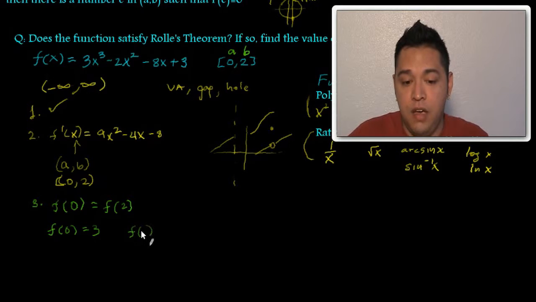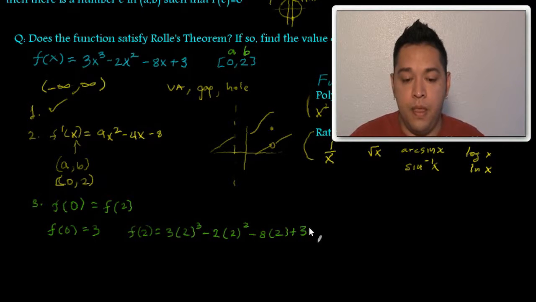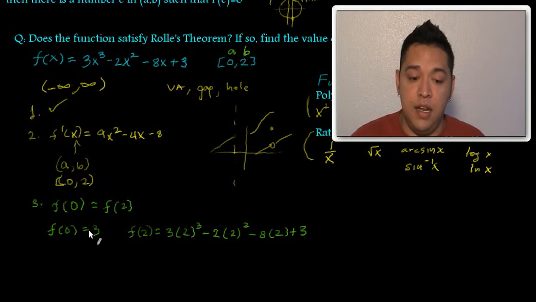If I have f of 2 here, and I plug in 2 for all these spots, minus 2 times 2 squared minus 8 times 2 plus 3. So far, the walkthrough of this problem shows us that f of 0 is 3, and we need to know whether this is 3.